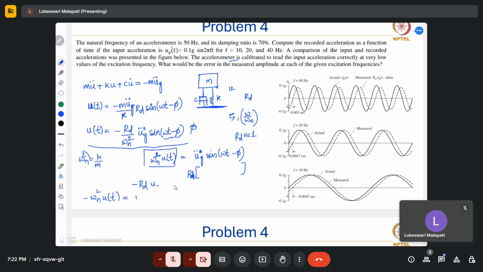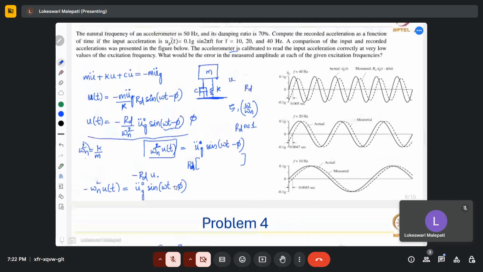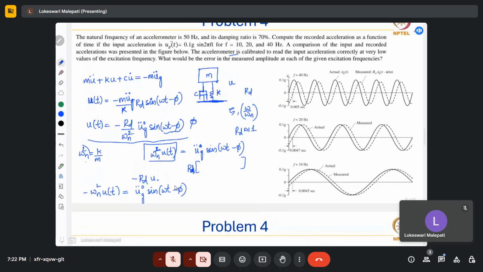So this is UG double dot naught times sine omega t minus phi. For this, they have already given the equation. This is 0.1 g sine 2 pi f t minus phi, and we know the formula for phi. Phi is equal to tan inverse d by c, and those d by c expressions we already know.